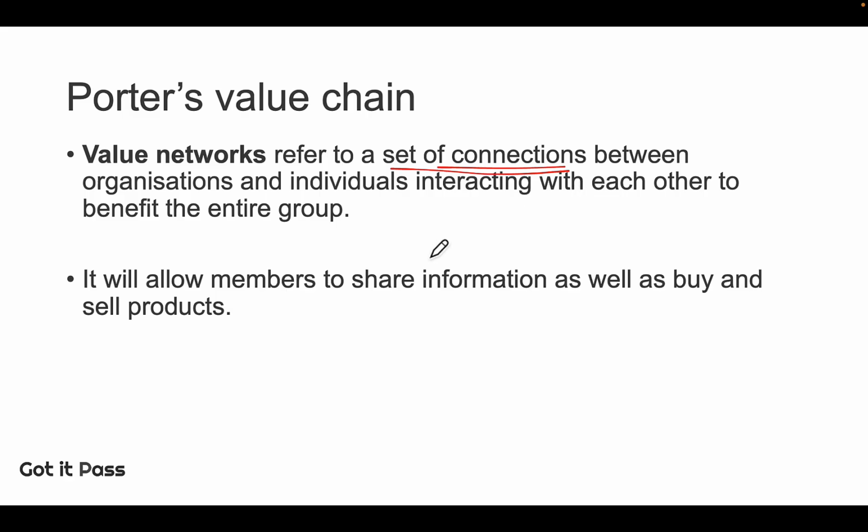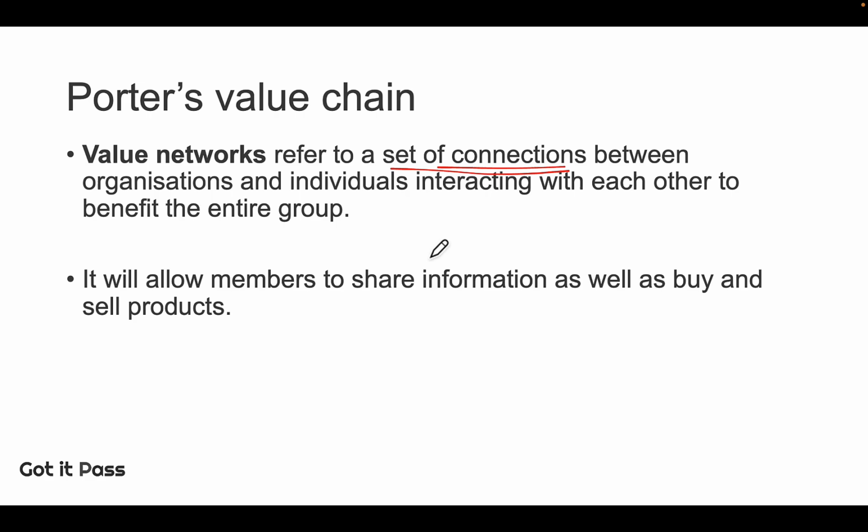So for primary activities, whether operations, inbound logistics, outbound logistics, marketing and sales, or service, all should interact with each other within the primary activities so they can benefit the entire group.